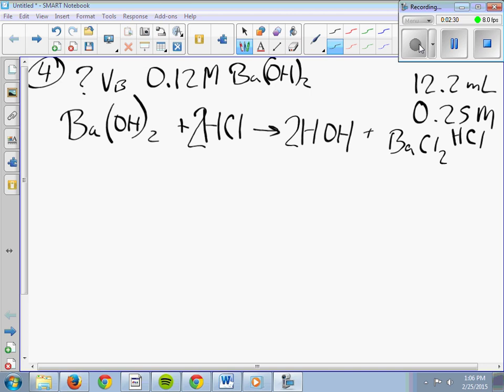And it will be less steps and less writing if you just write that in liters, either mentally or on the side. So that'd be 0.0122 liters of HCl.